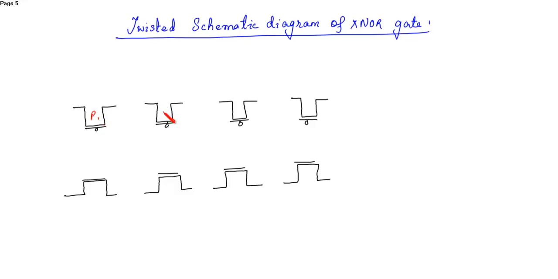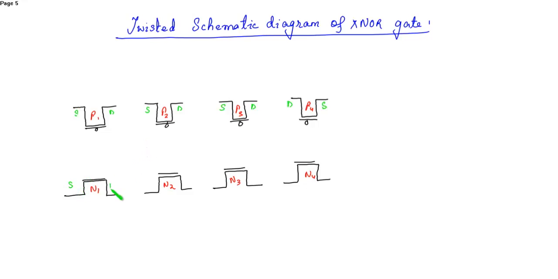This is P1, P2, P3, P4, N1, N2, N3 and N4. So this is not required actually, the source and drain, because the source and drain are the same for all, but here just for our convenience we have taken it as drain and source.